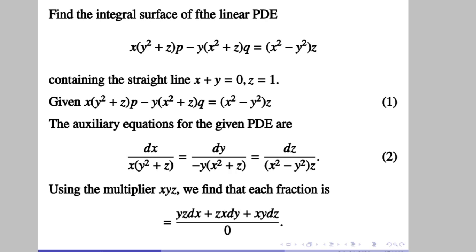So the equation 1, and capital P is this, capital Q is this, capital R is this. Then the auxiliary equation is dx by P, dy by Q, dz by R. We are taking the Lagrange multiplier as xyz.